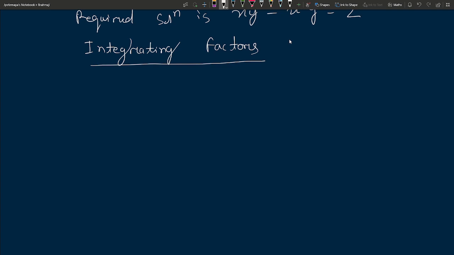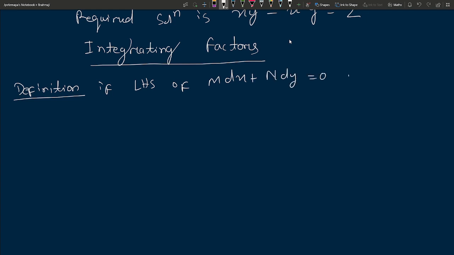First write the definition of integrating factor. If the left hand side of your equation M dx plus N dy equal to 0 is not an exact, or we say total differential, what do you mean by this?